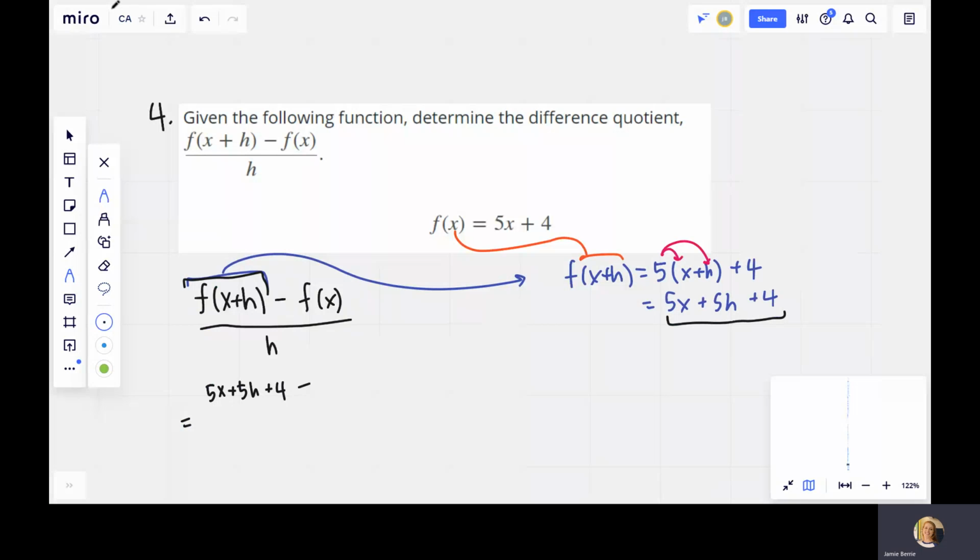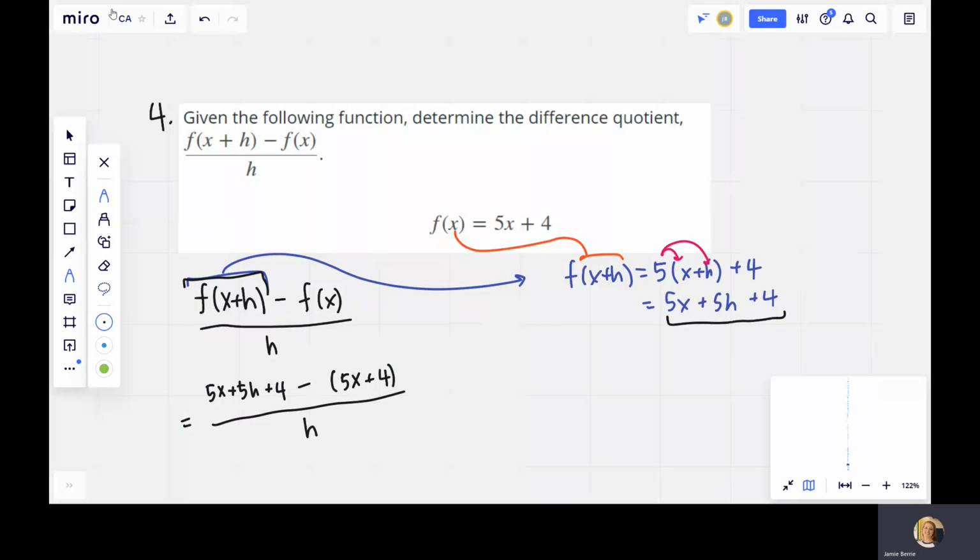We already know what f of x is. They told us what it was. They said that it's 5x plus 4. Now I'm going to do something here that's really important, and I want you to do it too. When I write in f of x, I'm going to put parentheses around it. Those parentheses are going to help me remember to distribute that negative. All right, so all of that is over h.